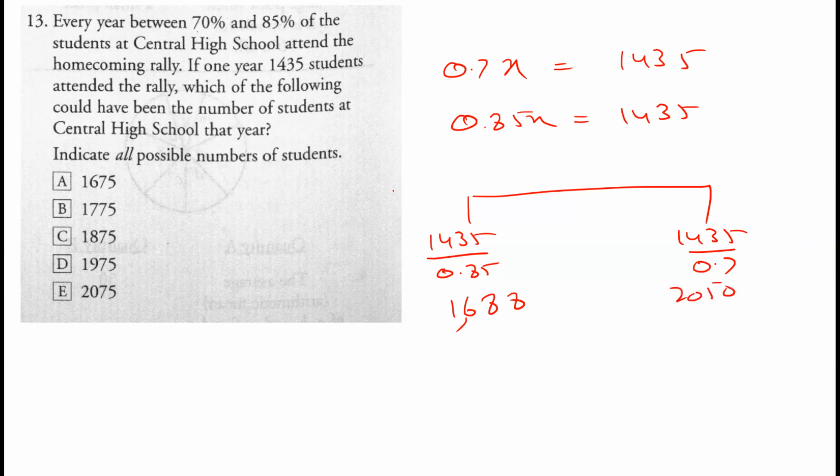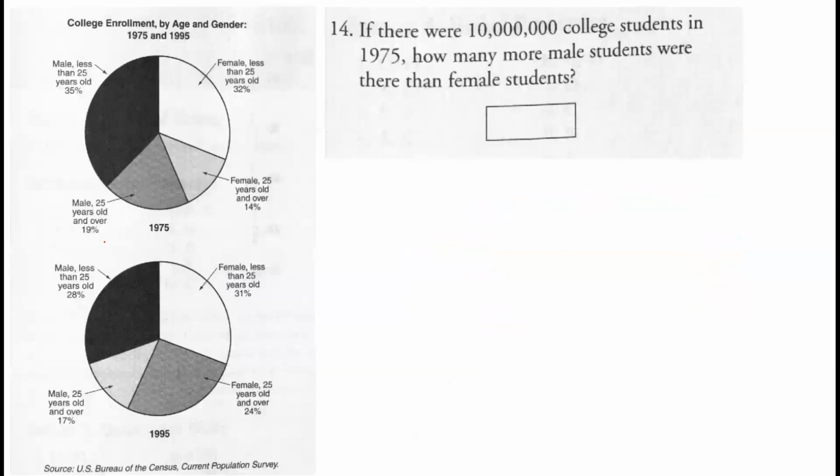So the number of students must be between these two numbers. It cannot be 1675 because it is less than 1688, and it cannot be 2075 because it is more than 2050. So the possibilities are those between 1688 and 2050, and the correct answers would be B, C, and D.